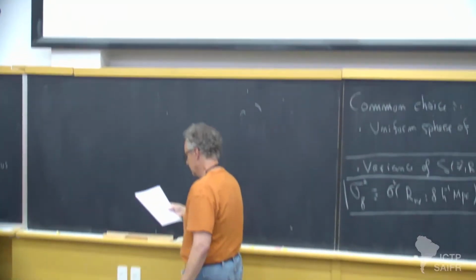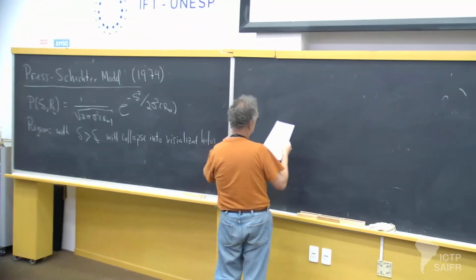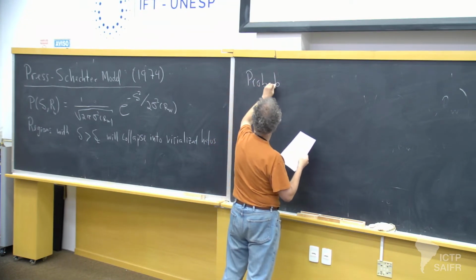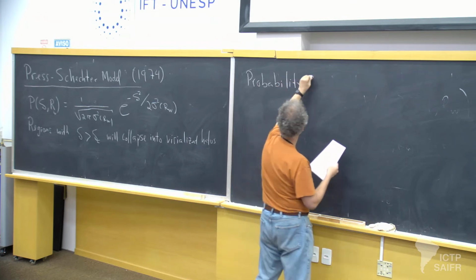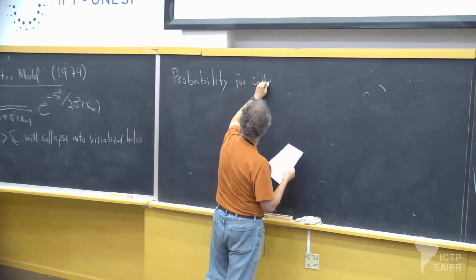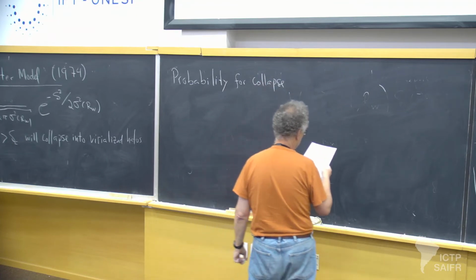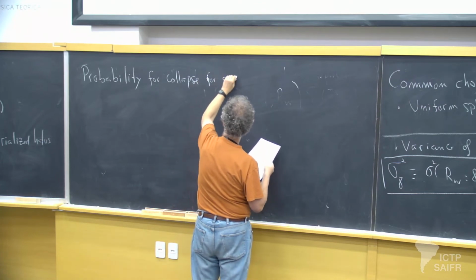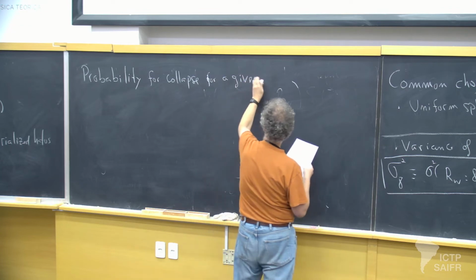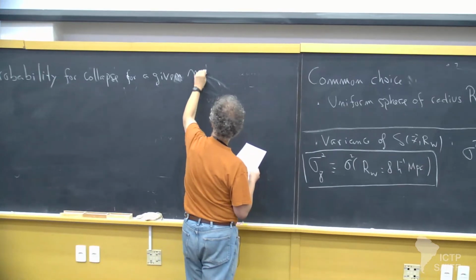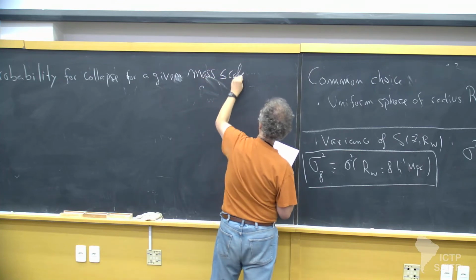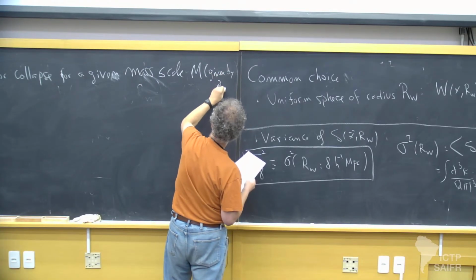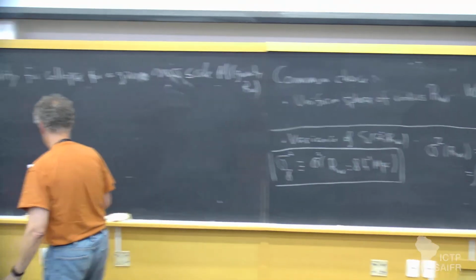Okay. So I call this, I don't know why, but the probability for collapse in a given mass scale, m, which is given by RW, I write as the following.